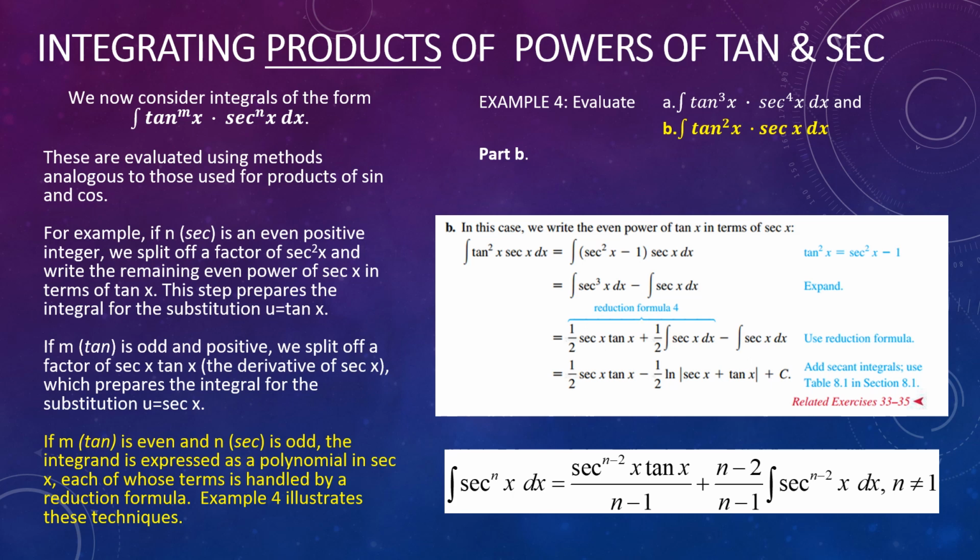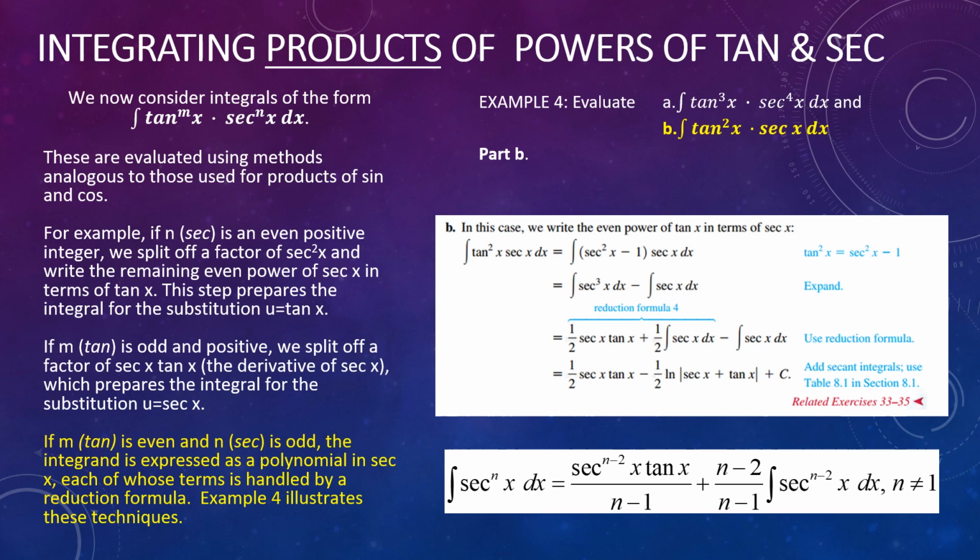Remember, an even power of tangent, even if this was tangent to the fourth, we could use the Pythagorean identity, which gives us tangent squared equals secant squared x minus 1. Since there's just a tangent squared, we just plug that in. So we get secant squared x minus 1 times secant x.